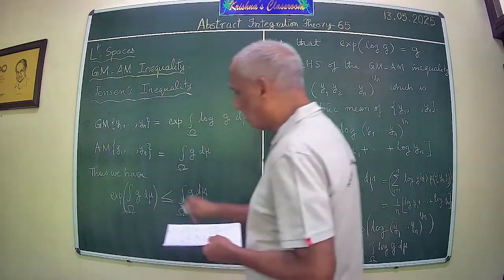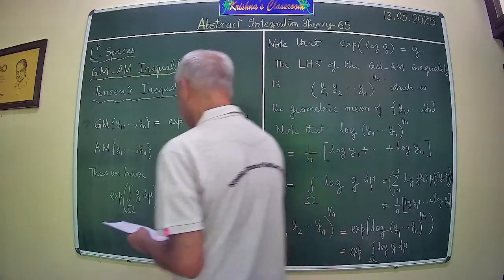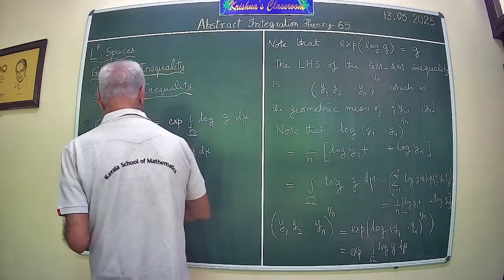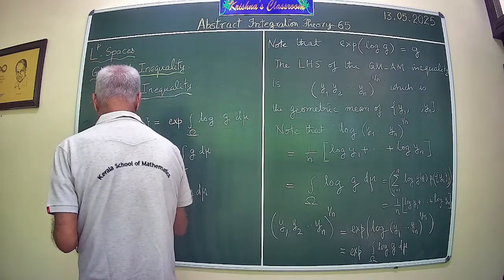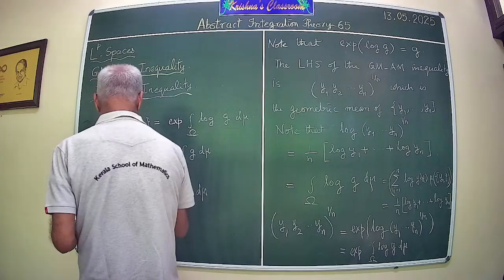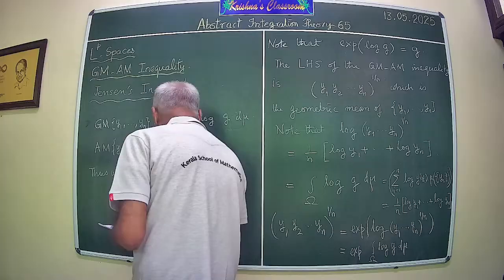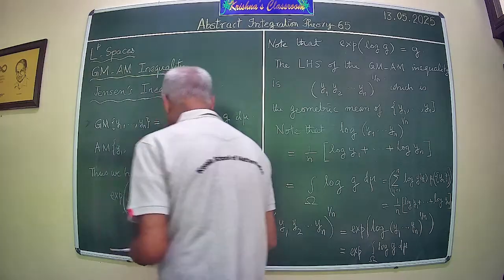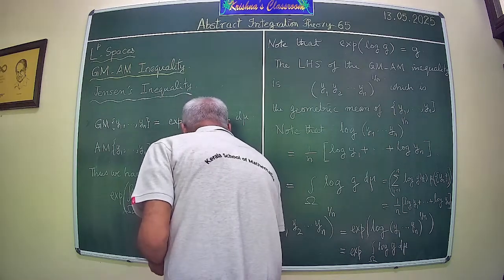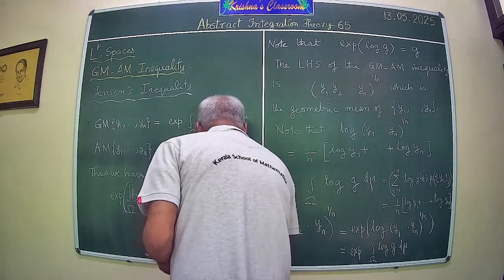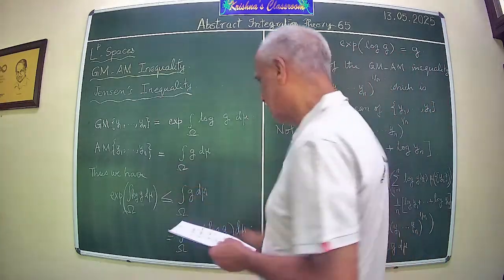Now we bring in both exponential and log inside. Now what we do is we rewrite this as integral over omega exponential of log G d mu. Okay, so we get this result.